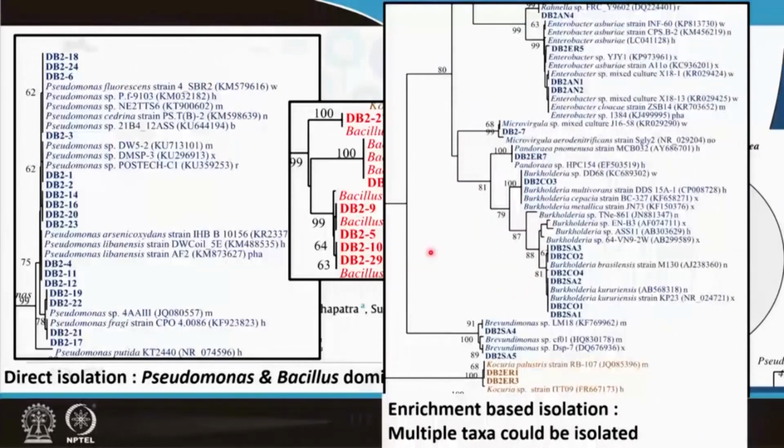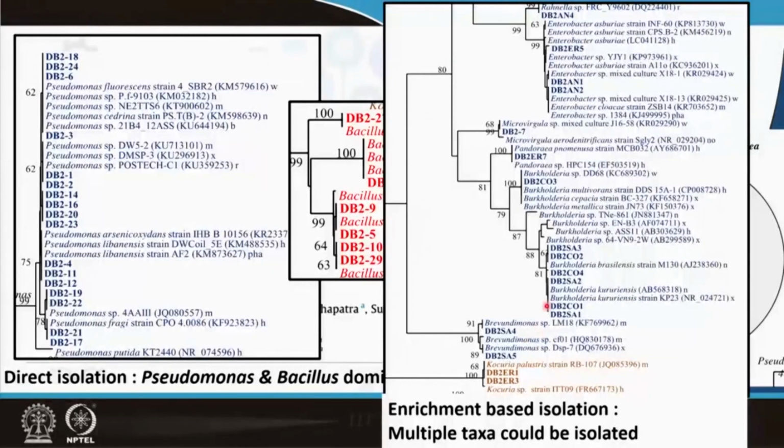But when we enriched the same sample with crude oil for 1 month, and then isolated the bacterial strains as pure cultures, you can see there are a large number of different species like Garciella, Enterobacter, different members of Burkholderia, Pandoraea, Microbacterium, Brevundimonas and Kocuria type of bacteria.